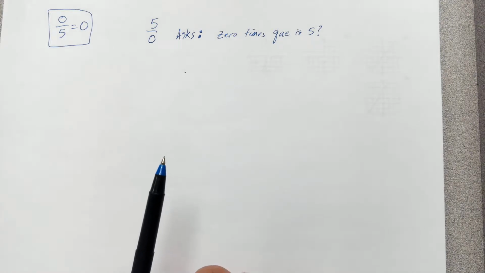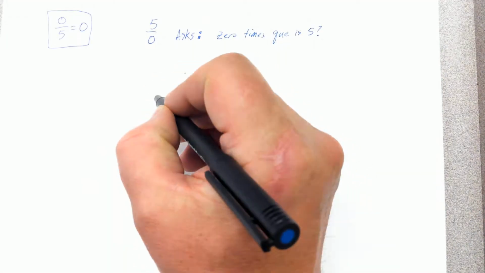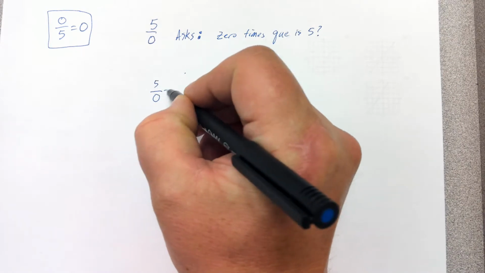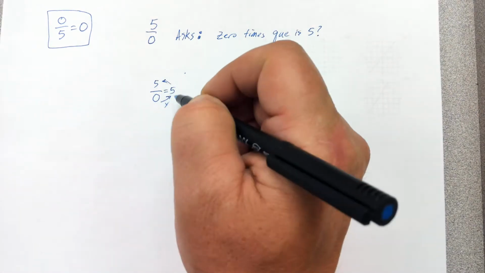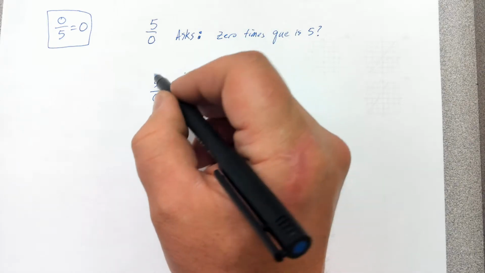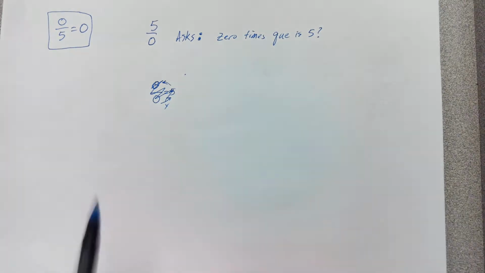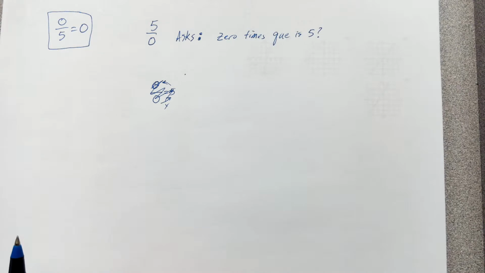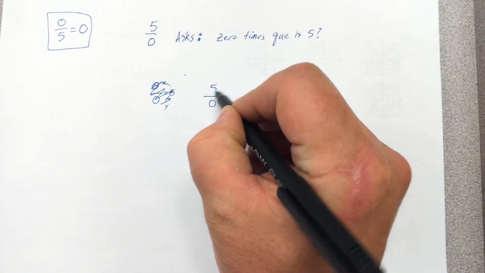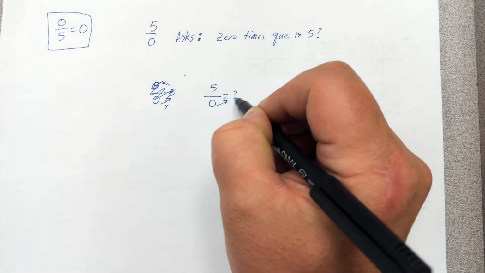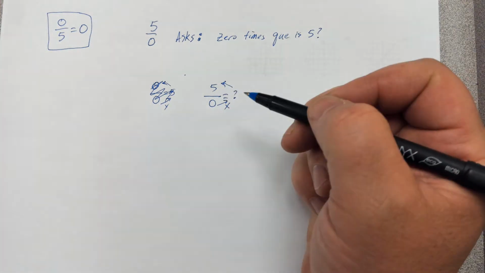It can't be equal to 5. It's like this is impossible. 0 times 5 is not 5, it's 0. But no, that doesn't work. You see what I mean? So what could it be? 0 times what equals 5?